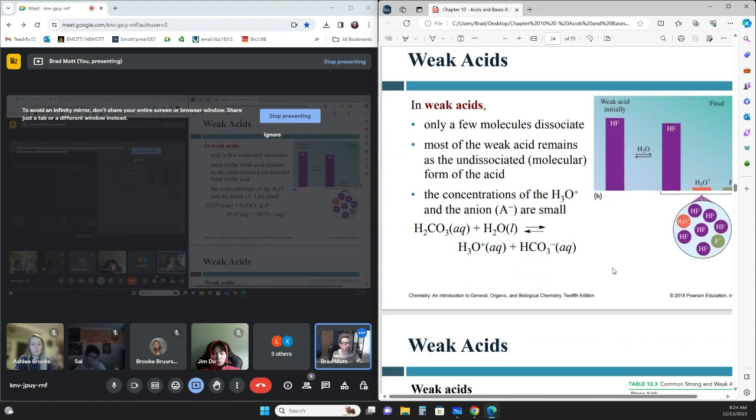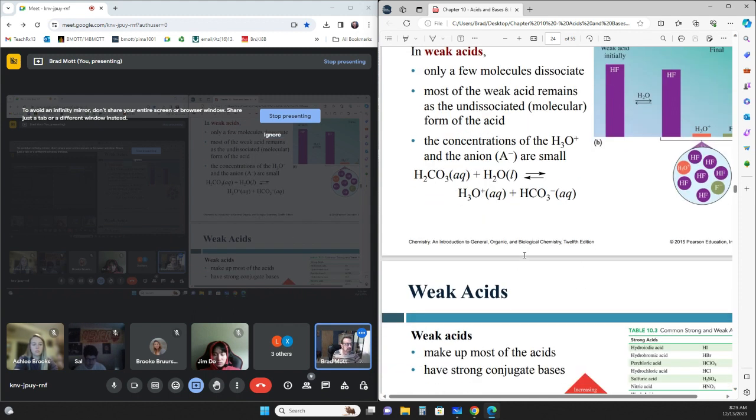Okay? And then with weak acids, like I said, we end up with a balance between the weak acid on both sides and hydronium ion. Conjugate acid, conjugate base, base, conjugate acid, and there is a balance on both sides of that to give that weak acid.